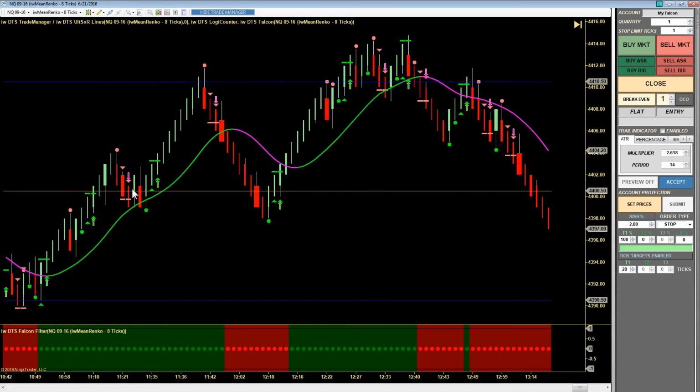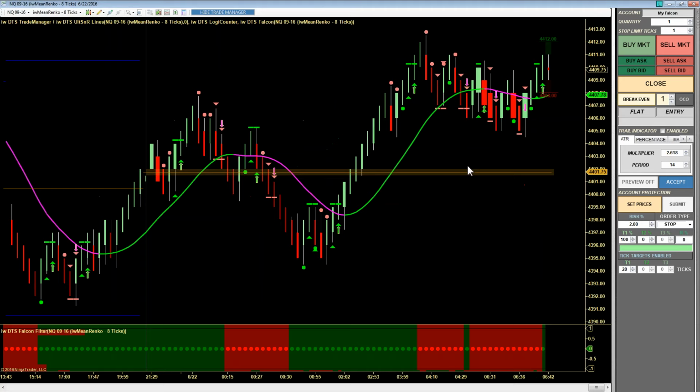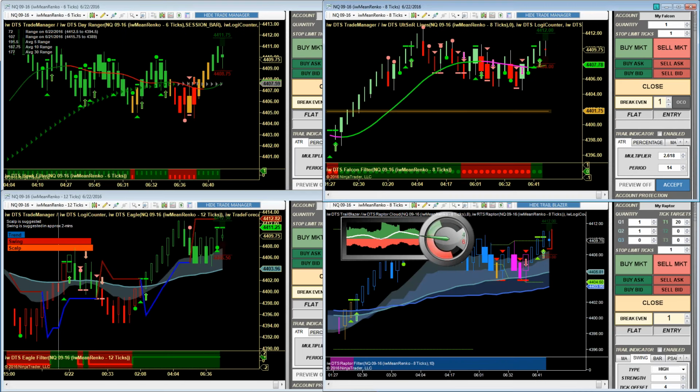Nice little support here off of this trend line touch signal, where the market retreats to the trend line, touches it, comes out with a buy signal, and a nice little rally now to the primary resistance. That is also a system add-on, which means it will work on any chart, not just a DTS chart.